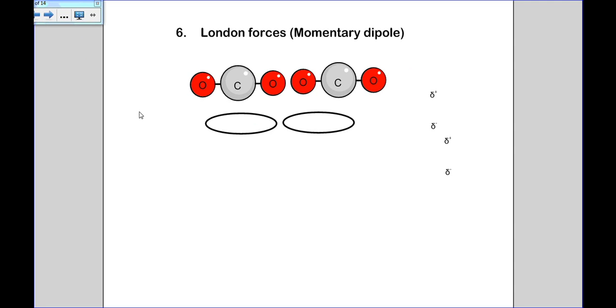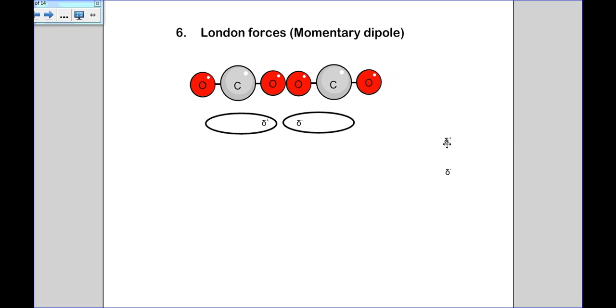Now, London forces take place between two nonpolar molecules. For example, one carbon dioxide and another carbon dioxide molecule. Now, because both molecules are nonpolar, there is no permanent negative side and positive side to the molecule. But what occurs is that when one molecule collides with another molecule, one side momentarily becomes positive and the other side will momentarily become negative.